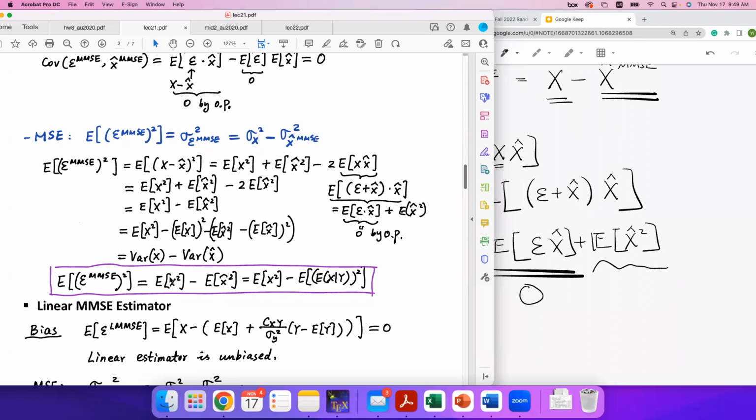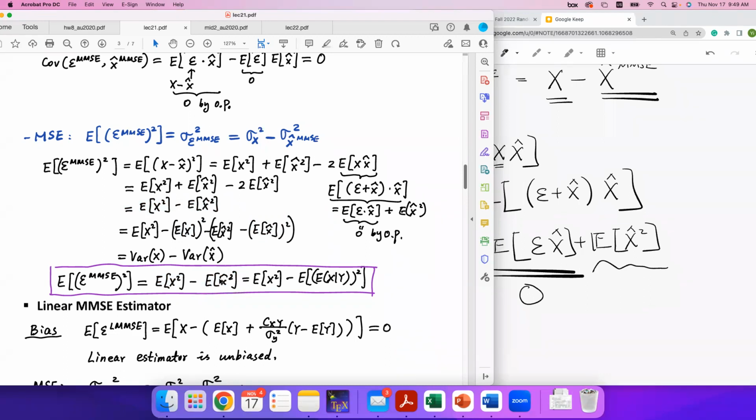Of course, an alternative form is to ignore these mean terms because these two terms get canceled out. If we stop here, then we can conclude that the mean square error of the MMSE is basically the second moment of x minus the second moment of x hat.